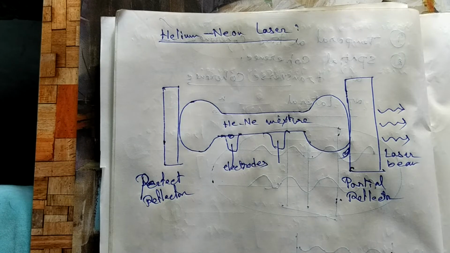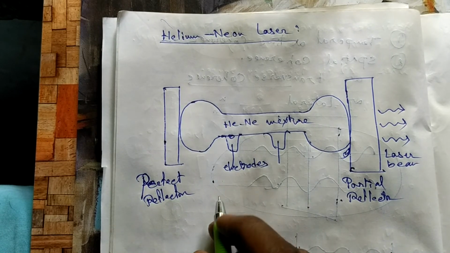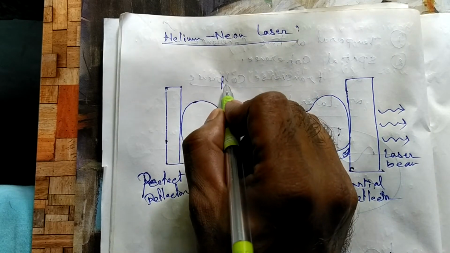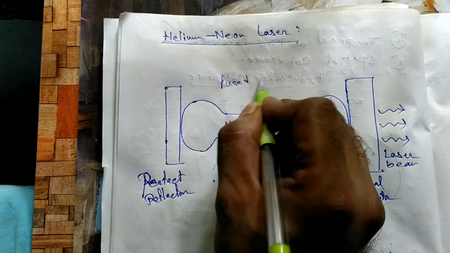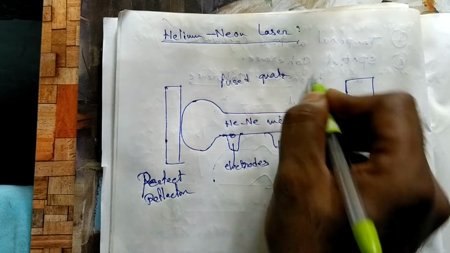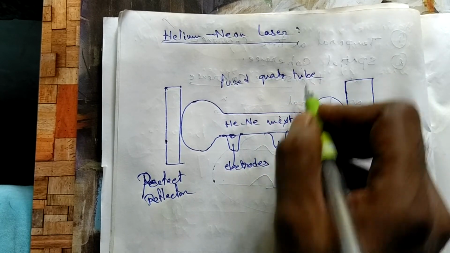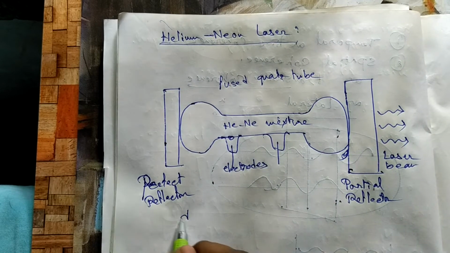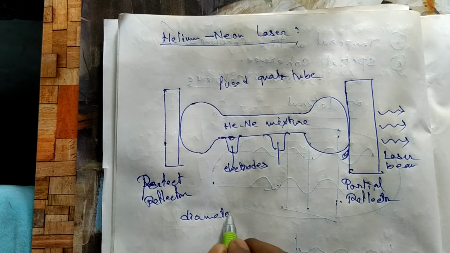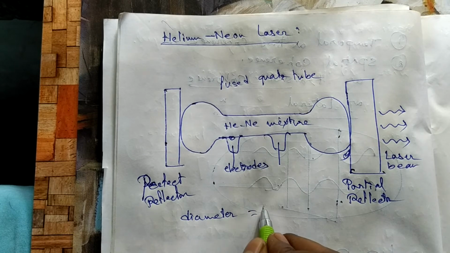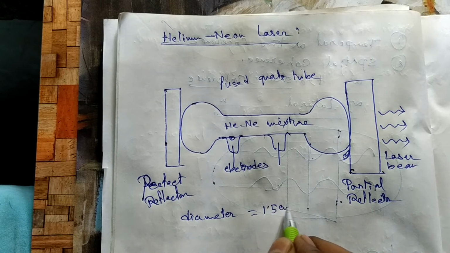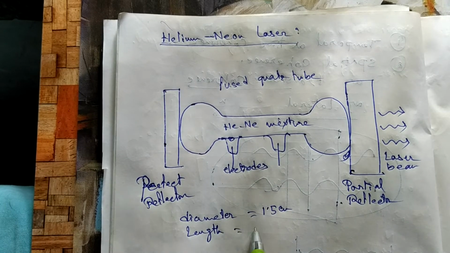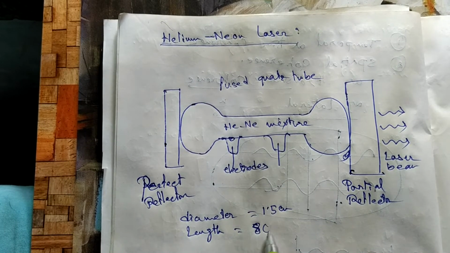So how does it work? This is a fused quartz tube. The diameter of this tube is approximately 1.5 centimeter, and the length is approximately 80 centimeter.